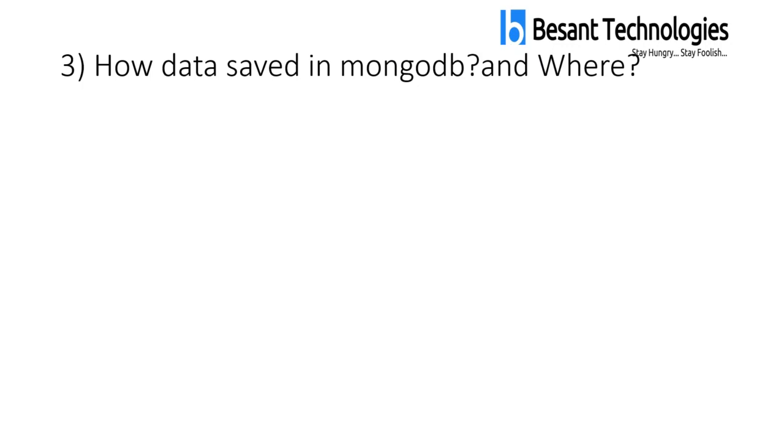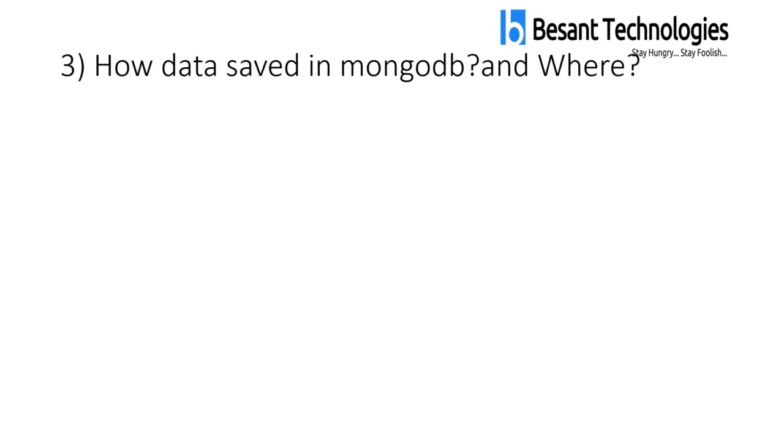How is data saved in MongoDB and where? In a relational database, you would have seen we use Hibernate or something, object relational mapping, to convert data to objects. But in the case of MongoDB, we get data as JSON, so there is no need for conversion.